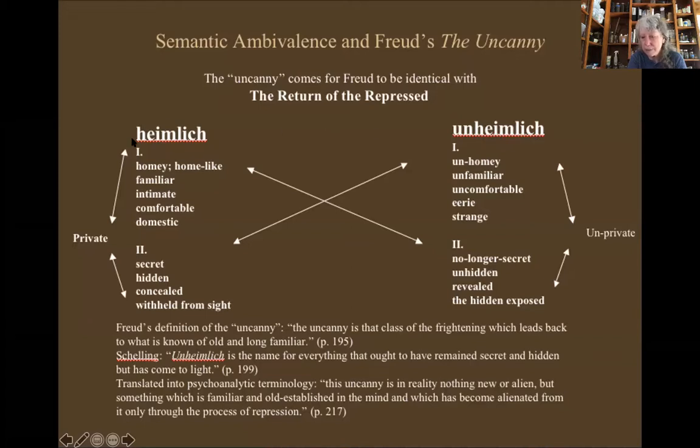So if something is unheimlich or uncanny, what does heimlich mean? Heimlich has two meanings in German. It means homey, sort of cozy, hygge, you know, but it also means secret and concealed and withheld from sight. So something that's unheimlich is unhomey, uncomfortable, eerie, strange, like the furry teacup, but also no longer secret.